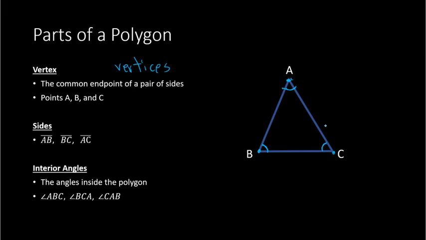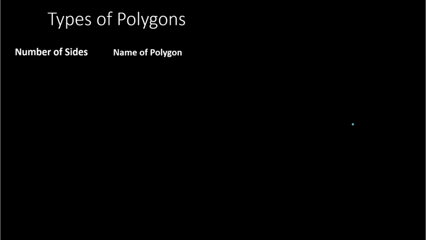Now with polygons, there are different types, and they can be categorized by the number of sides. In this picture, we have 3 sides, and that would be considered a triangle. So if it has 3 sides, it's called a triangle. But what if it has more than 3 sides? What about 4 sides?